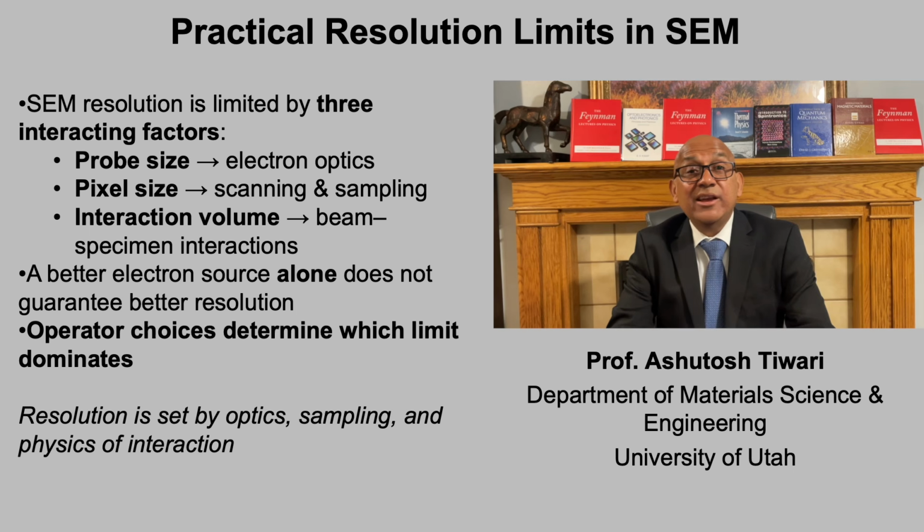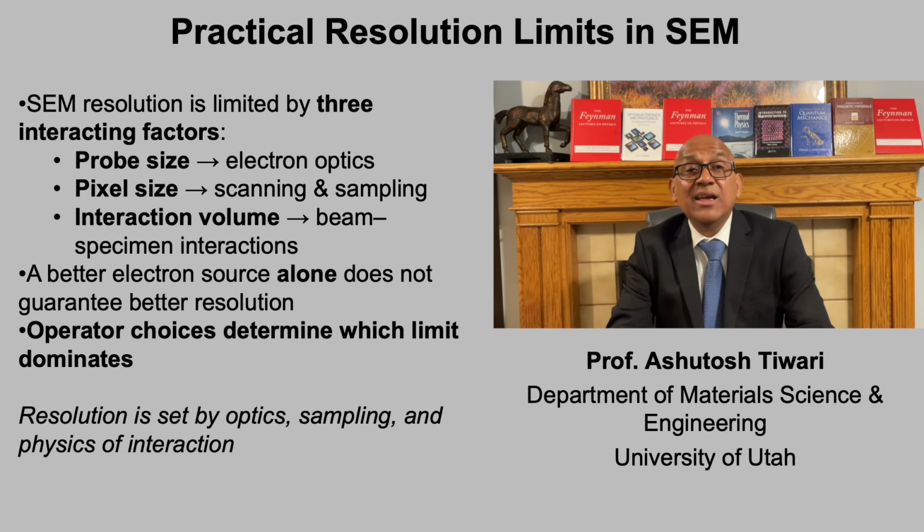The detected signal does not originate from a single point, but from a finite volume within the specimen where electrons scatter and generate signals. These three factors, pixel size, probe size, and interaction volume, interact with one another to determine the practical resolution of an SEM image.